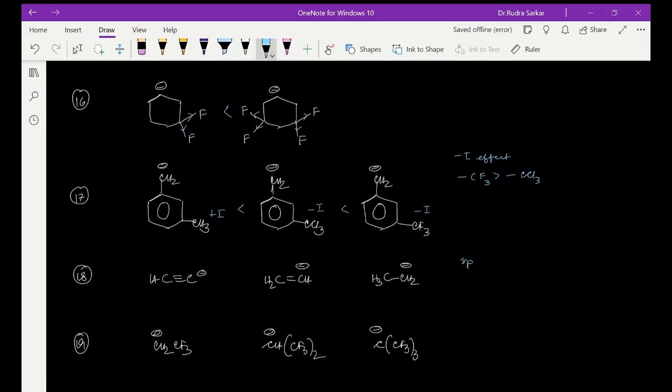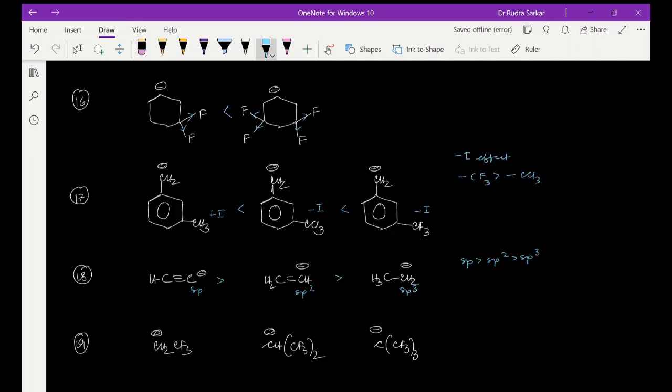Electronegativity decreases from sp to sp2 carbon and further to sp3 carbon. So sp carbon will stabilize more than sp2 and then sp3.